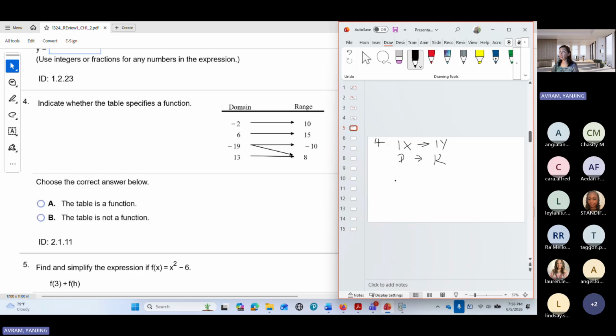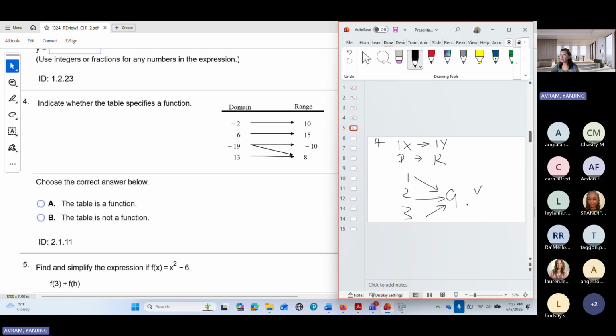The opposite will be true if I have 1, 2, and 3, and this will be 9. Everyone corresponding to 9, what happened? Is this a function or not? According to the concept, the one I drew for this table will be a function.